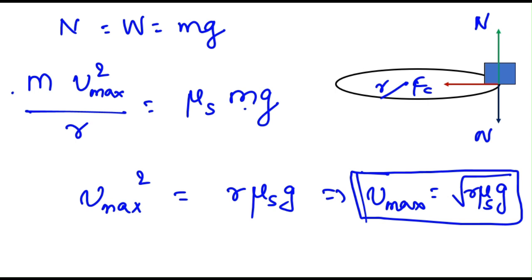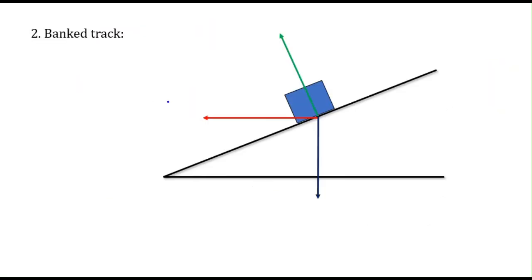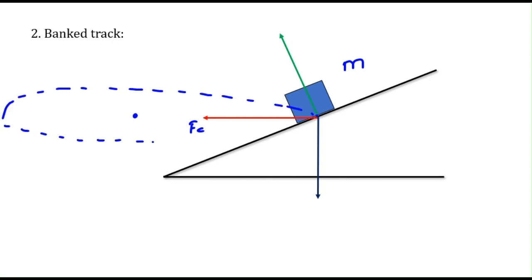Now, if this track is not flat and it is making some angle with the horizontal, okay, here we have the diagram for the body moving on a banked circular track, and let's say this is centripetal force, then there should be a center here, and let's say we are taking the horizontal view of this circular track. So this is the circular track. At this point, let's say these forces are acting.